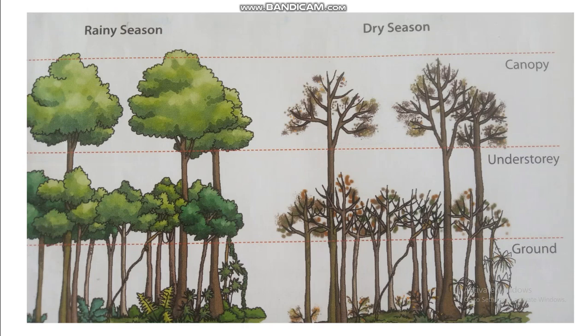During wet monsoon season, the rainfall is sufficient and the forests are similar to the tropical rainforest.